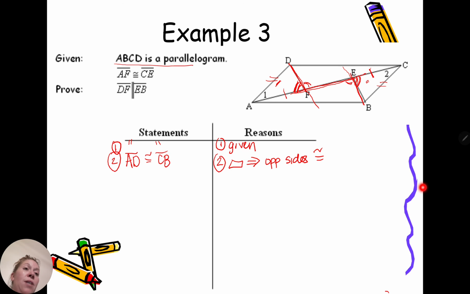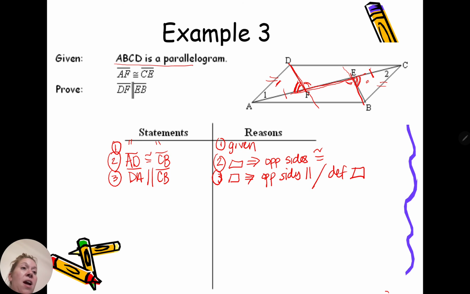All right, we got two sides. Let's get ourselves an angle and call it a day. So we have parallel lines, DA and CB. We need to use those to get our congruent angles. DA is parallel to CB because in a parallelogram opposite sides are parallel, or just the definition of parallelogram would be fine too.